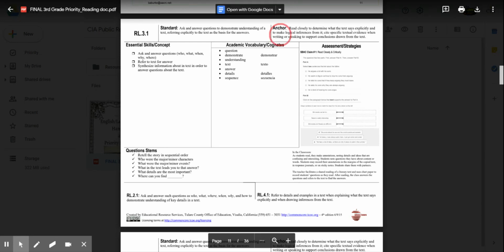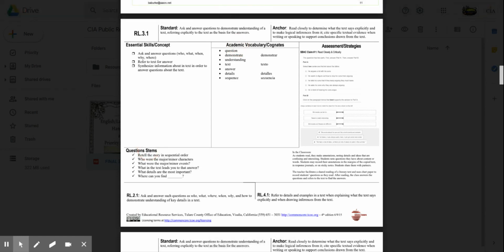They highlight the anchor standard, which is our anchor standard 1. The standard language for their grade level, the essential skills and concepts that are required by the standard, any academic vocabulary that's connected with the standard, question stems that are specific to the grade level. They include the grade level below and the grade level above in terms of their standard language.